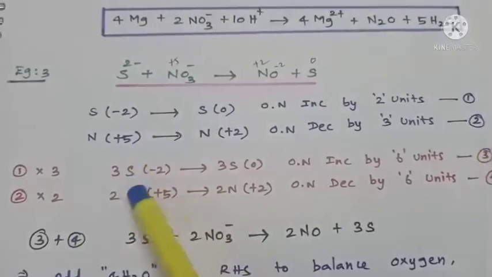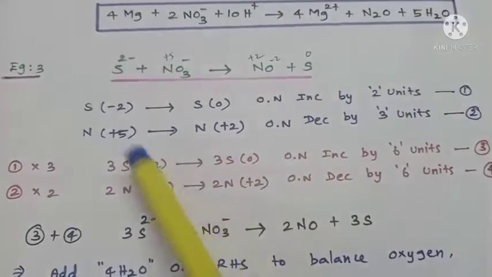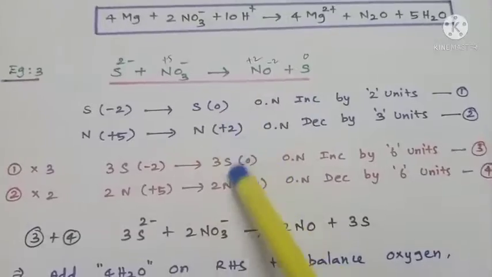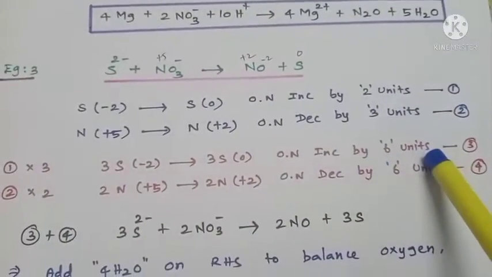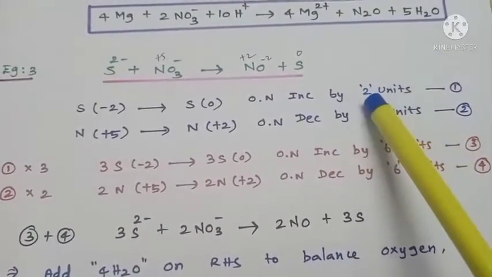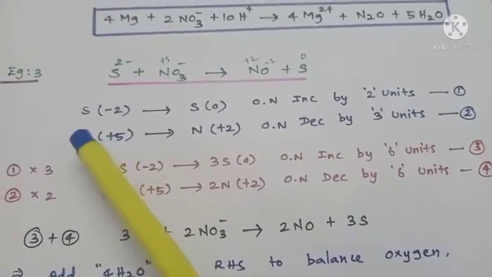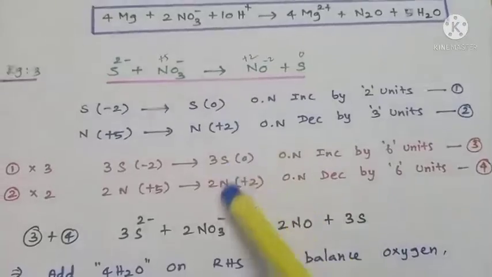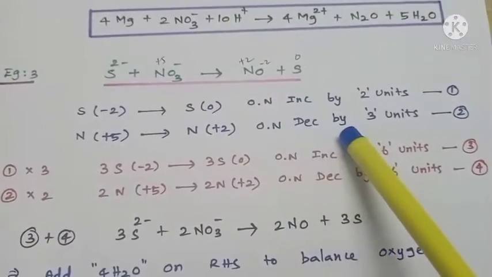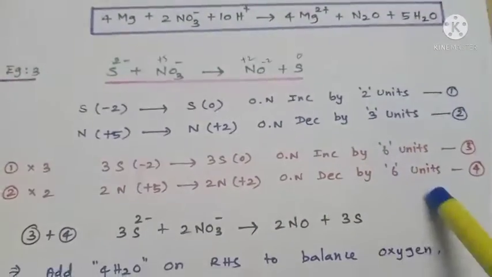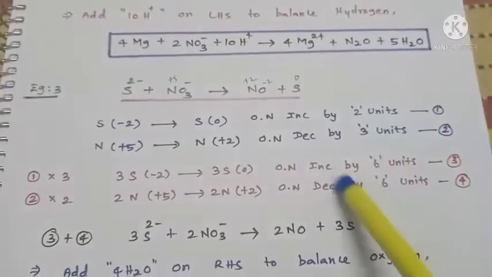So now we get this: 3S minus 2 state, 3S 0 state, oxidation number increased by 2 into 3, 6 units. Then equation 2 multiplied by 2: 2N plus 5 state, 2N plus 2 state, oxidation number decreases by 3 into 2, 6 units. So now they are balanced.